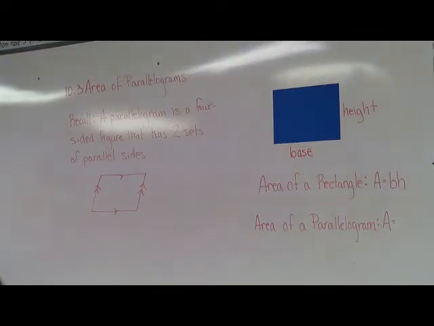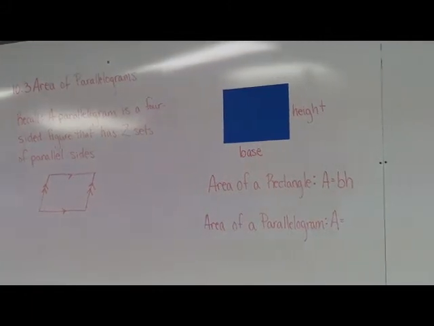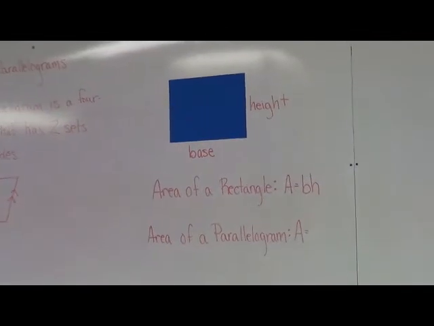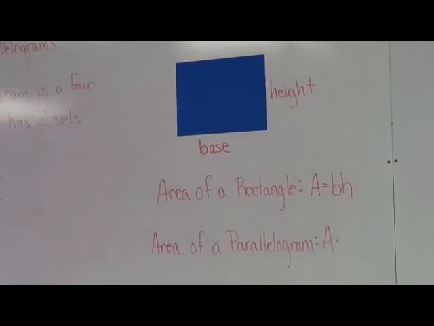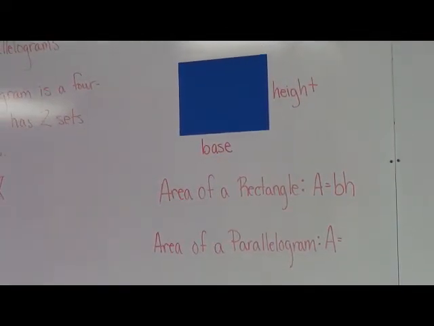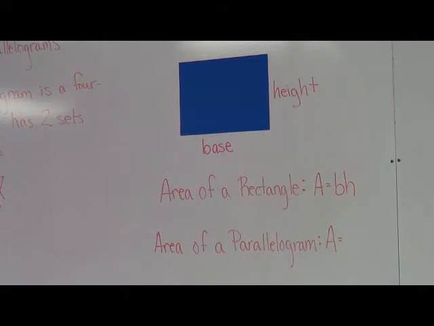If you look over on the side here with the blue rectangle, I have it marked as the base and the height. So we know that the area of a rectangle from section 1 of chapter 10 is the base times height. If I zoom in here just a little bit, notice we have our base and we have our height.